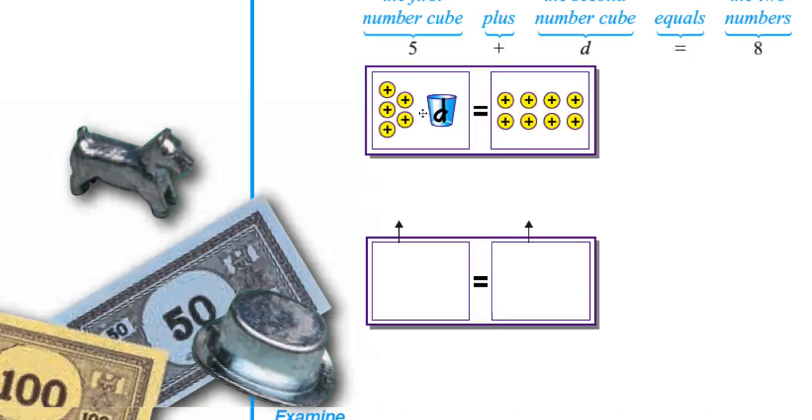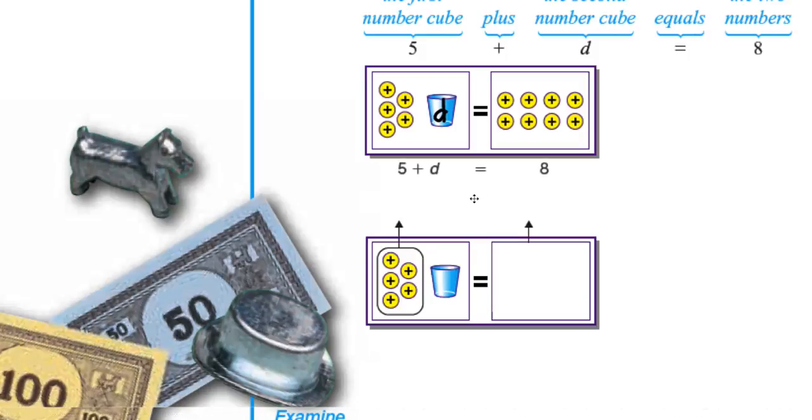Again, our objective is to isolate our cup, meaning leave it on one side of the equation. The only way to do that is if we take away 5 counters on this side. So that means we also need to take away 5 counters on that side, and that's exactly what we did. Take out 5 counters on this side.